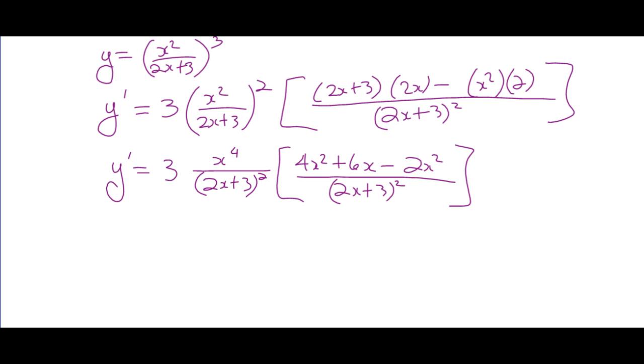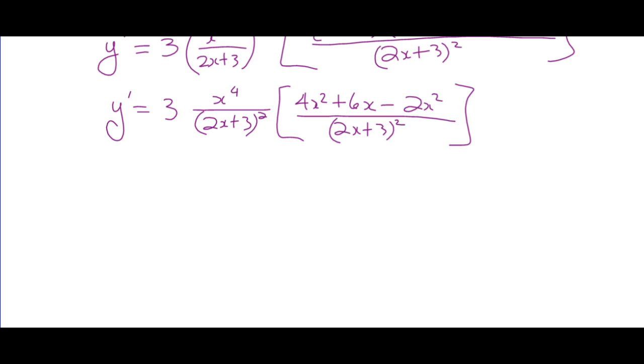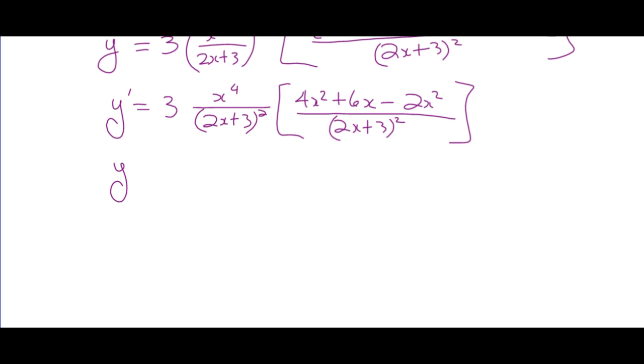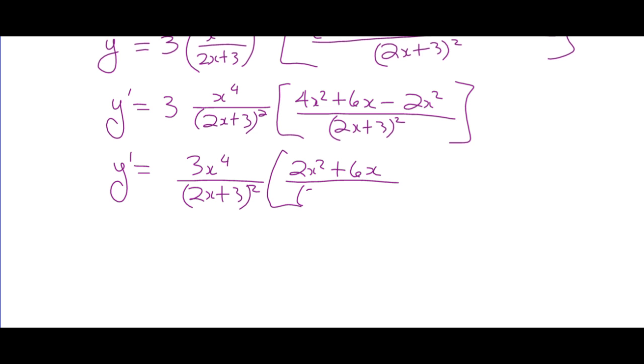So we can do a little collection of terms here. Let's call this 3x to the 4th over 2x plus 3 squared. And what do we got? 2x squared plus 6x over 2x plus 3 quantity squared.